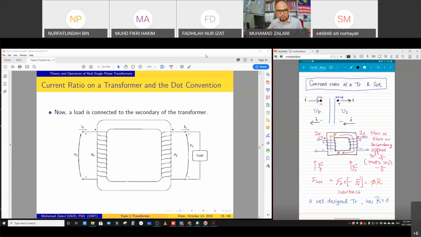Okay. So we continue on this section, which is current ratio of a transformer and dot convention, which sounds similar to the previous lesson, just about the formula that we use in the transformer. But in this case, we consider the real transformer.